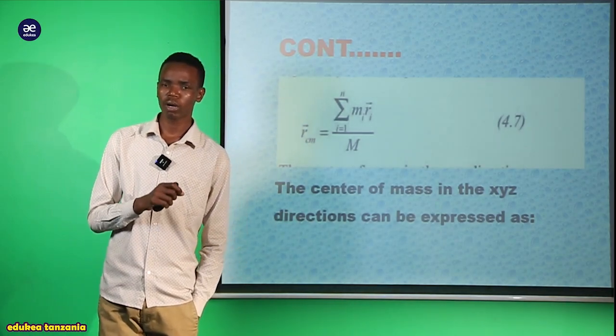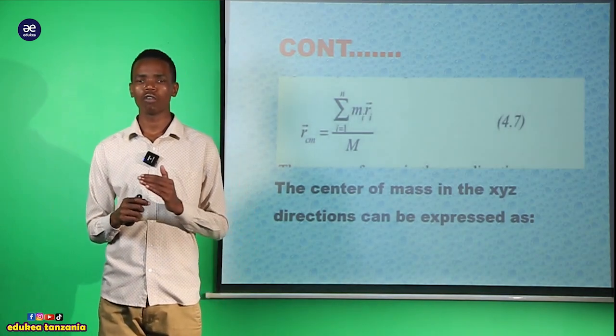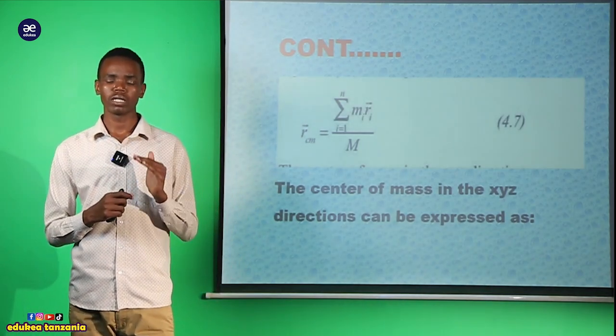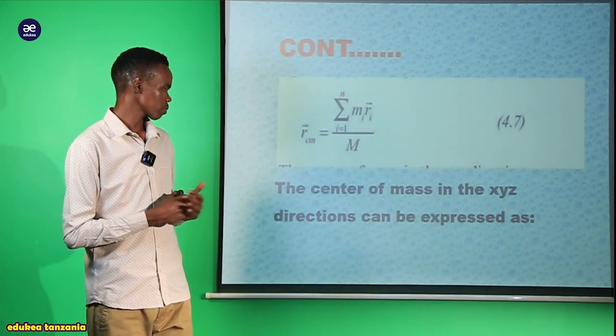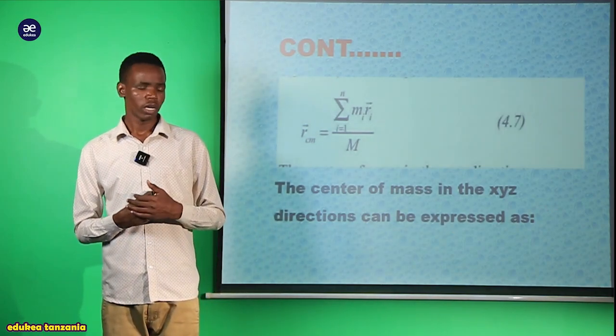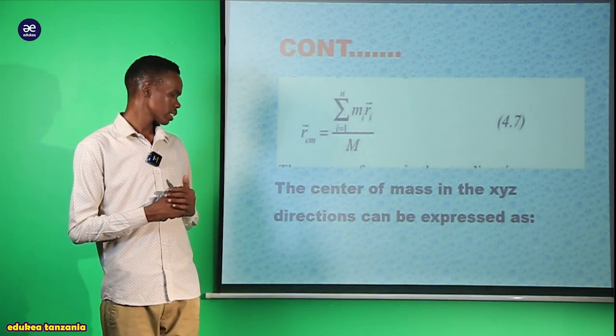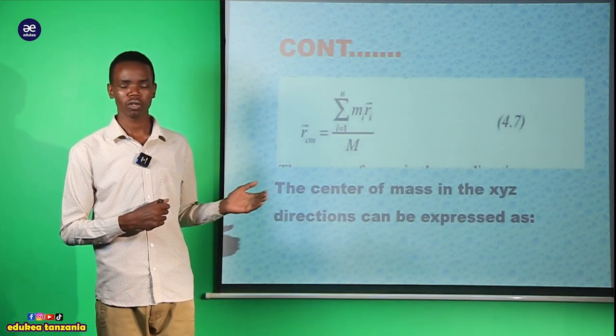That is why we get that R_CM must be equal to the summation of m_i times r_i divided by the total mass. So the center of mass in the xyz direction can be expressed in terms of this.